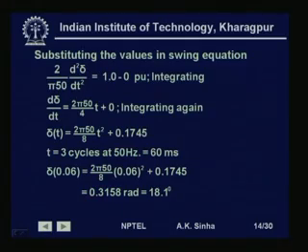That is, in just 60 milliseconds, we have seen the rotor angle has changed from 10 degrees to 18.1 degrees. So, this is how we can try and find out the rotor angle by solving the swing equation for the given machine.